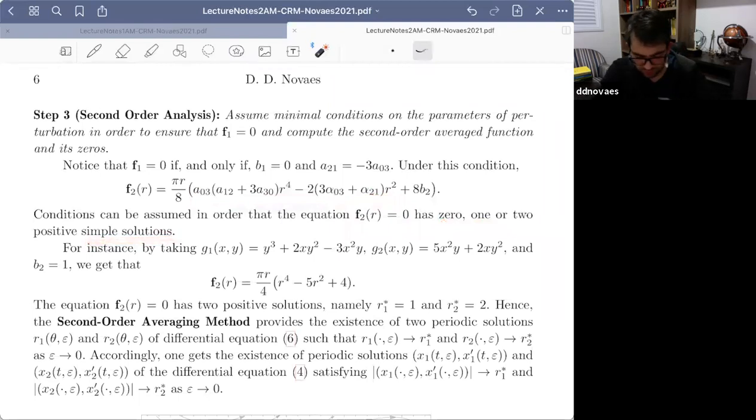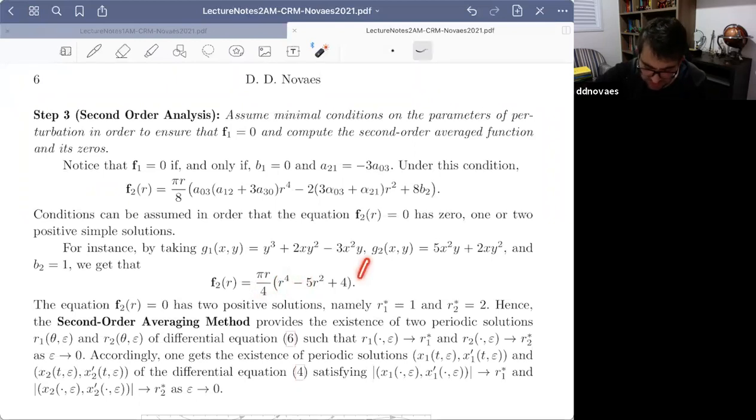Okay, so for a specific example, let's take g1 as this cubic polynomial and d2 as this cubic polynomial, and b2 equals 1. We get that the second order average function becomes pi r divided by 4 multiplied by r to the power 4 minus 5r squared plus 4.